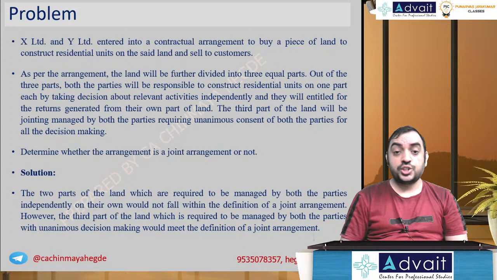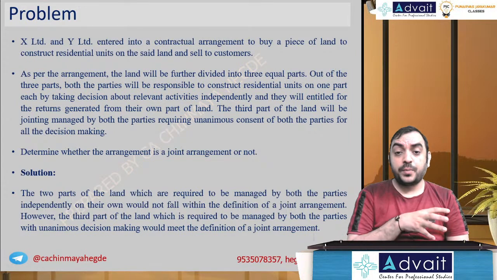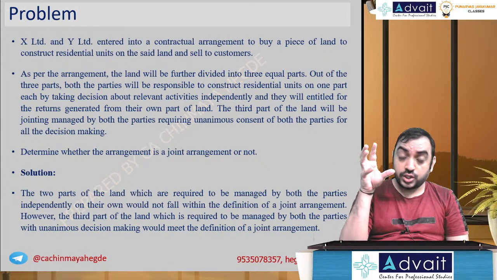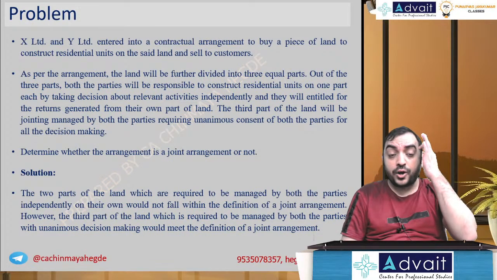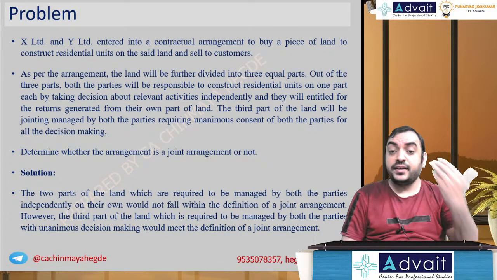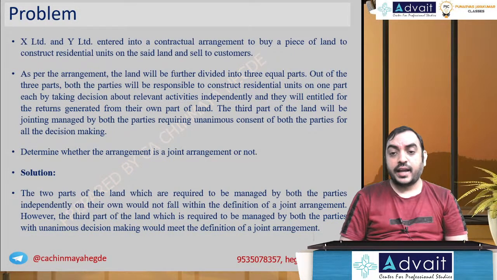As per the arrangement, the land will be divided into 3 parts. Out of the 3 parts, each party will be responsible for constructing residential units on one part, taking decisions about relevant activities independently, and will be entitled to the returns generated from their own part of the land.